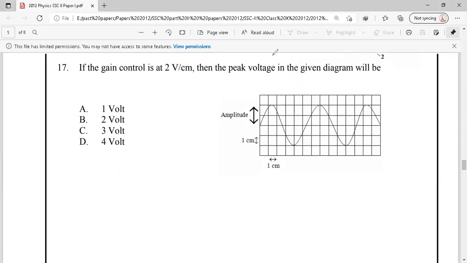Then let's see question number 17. The gain control is 2 volts per centimeter, and we have to find the peak voltage in this diagram. So peak voltage is actually the height of this wave. As we can see, the height of the wave covers two blocks, and from this scale 2 volts is per centimeter.